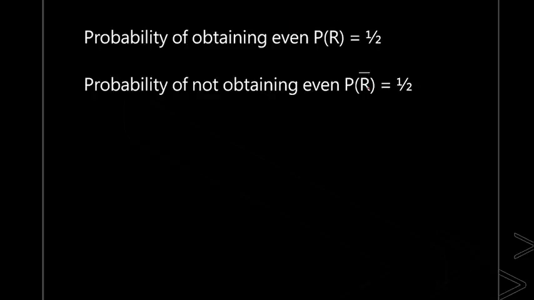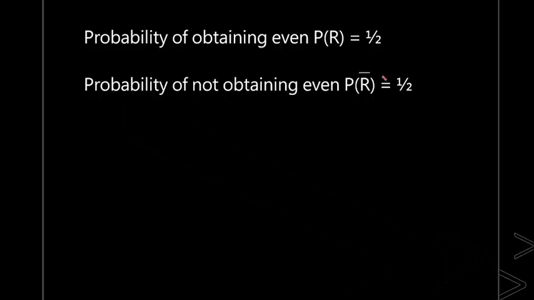For any event, you will either get an odd number or not an odd number, either an even number or not an even number. So this is P of your requirement. This is the opposite of this. Can you understand? So the opposite is what I call as P of R complement, or R bar, however you want to read it. Okay. So if you look at it, obtaining even is half probability.